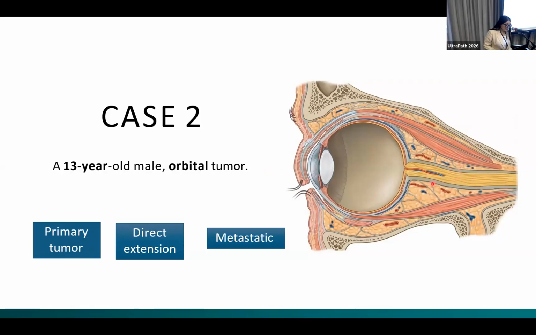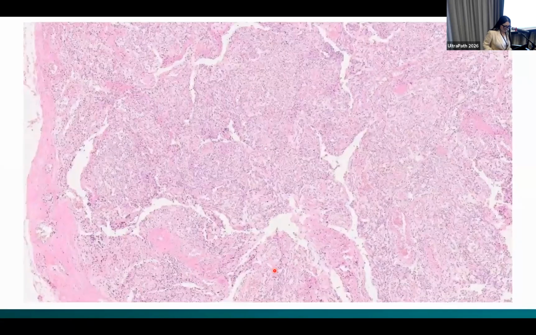And another possibility for this location is a direct extension from adjacent structures. For example, the eye, the conjunctiva, the lacrimal glands. And the last possibility is about the metastatic tumor. But in this case, the age is not the most frequent that we must think.